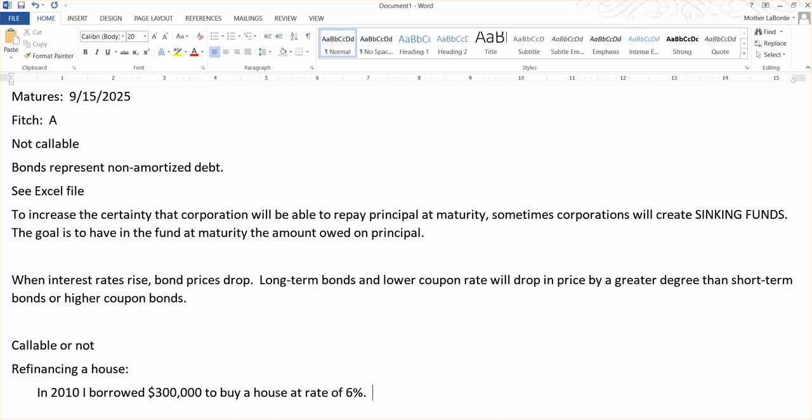They weren't that high back then, but I'm just going to use that number anyway. And today, rates have dropped to, let's say, 3.8%. So they've dropped a good amount. And I've been paying on my 6% mortgage, but I'd much rather pay only on a 3.8% mortgage.